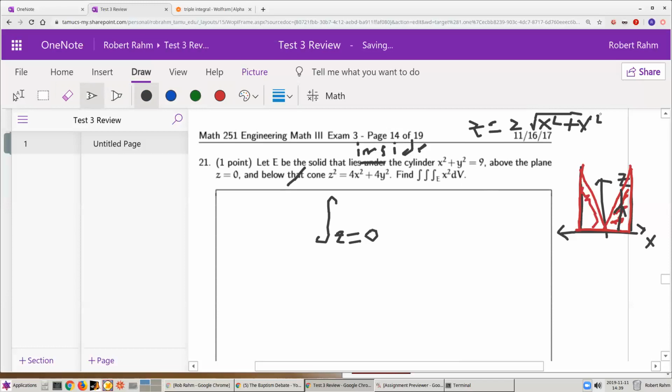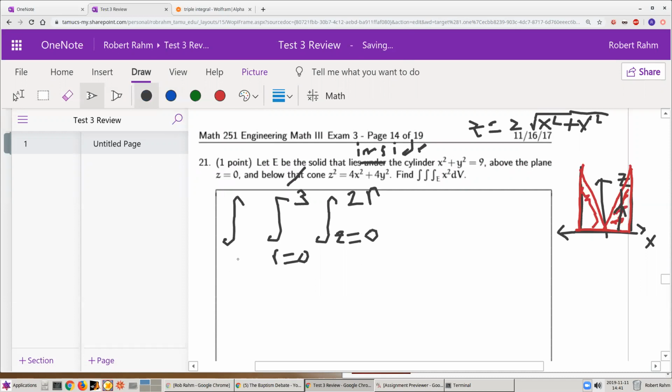But in polar coordinates, that's just z is equal to 2r. So z is going to go from 0 to 2r. Now we have to figure out what the r limits should be. Again, if we project this shape onto the xy plane, it's going to be a circle of radius 3, because it's a cylinder of radius 3. So r goes from 0 to 3.